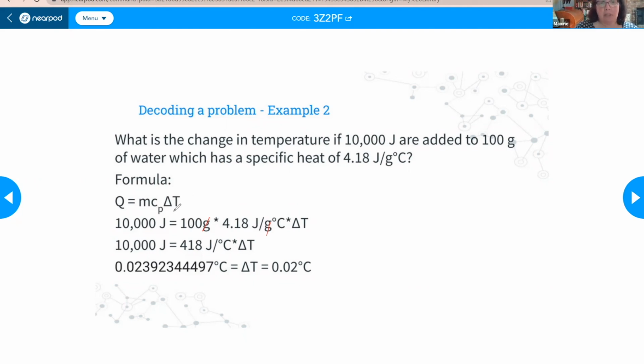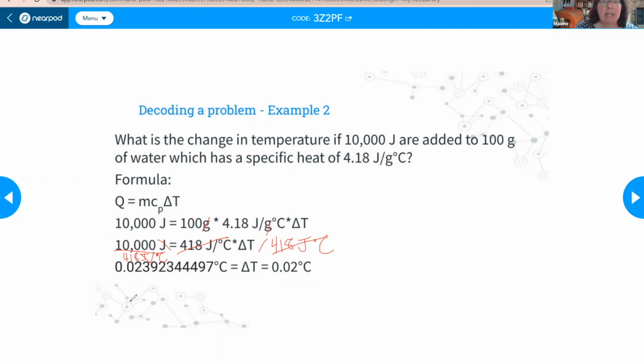So these are multiplication. Now that I multiplied 100 by 4.18 to get 418, I'm going to divide both sides by 418 joules per degree Celsius, and that'll cancel that out. The joules will cancel out when I divide joules by joules.